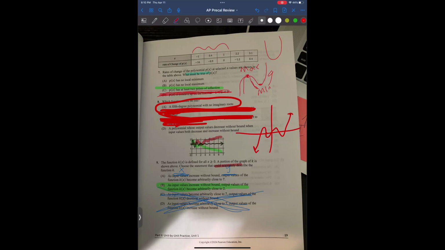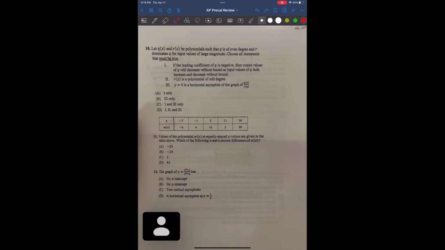Okay. All right, so question number 10. Let Q(x) and R(x) be polynomials such that Q is even degree and R dominates Q for input values of large magnitude. Choose all statements that must be true. So look at that: must be true. Oh no, this is one of these.